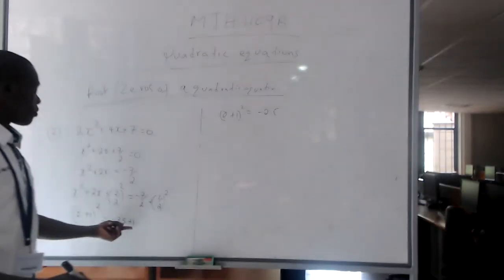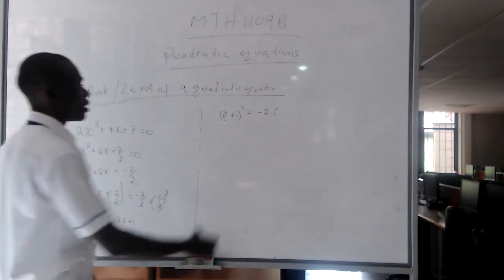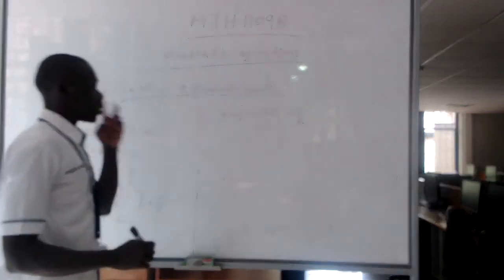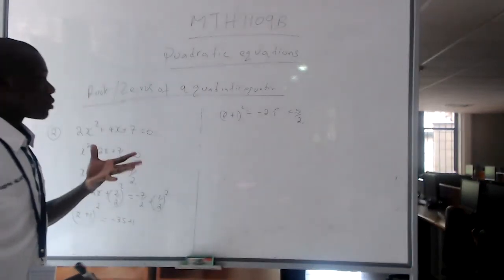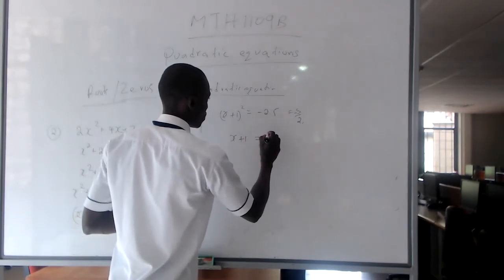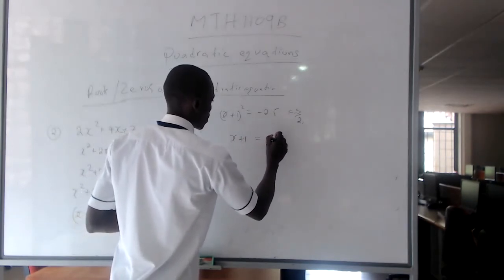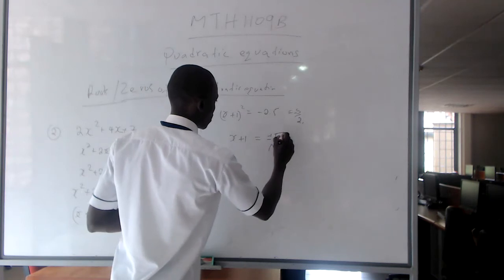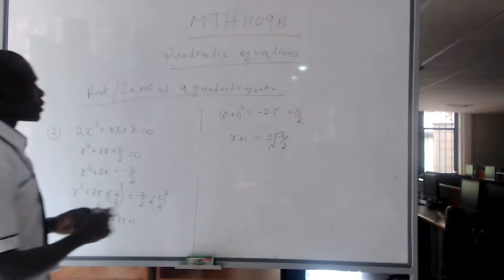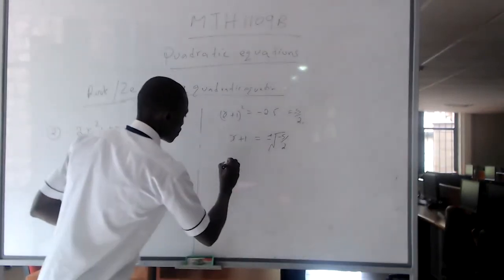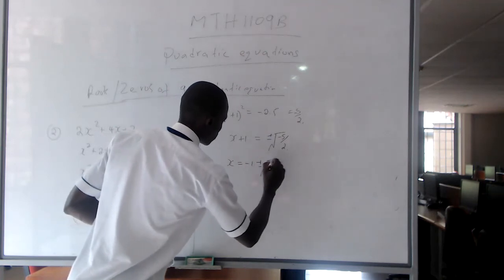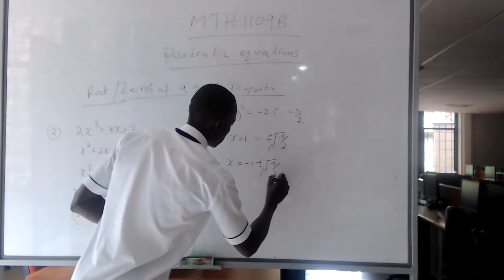So minus 3.5 plus 1 is minus 2.5, which is the same as minus 5 divided by 2. Then to solve this, take square roots on both sides. So x plus 1 should give you plus or minus square root of minus 5 divided by 2. This is beautiful, a very nice example. So that x is equal to minus 1 plus or minus square root of minus 5 divided by 2.